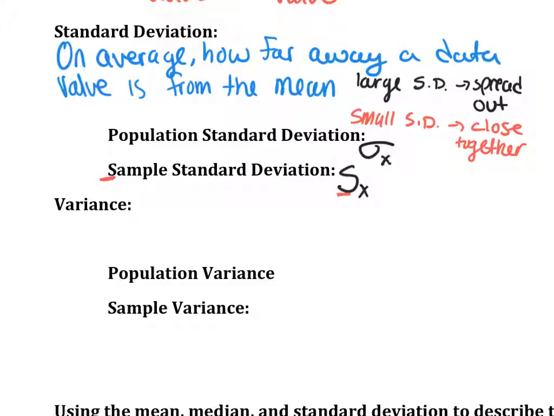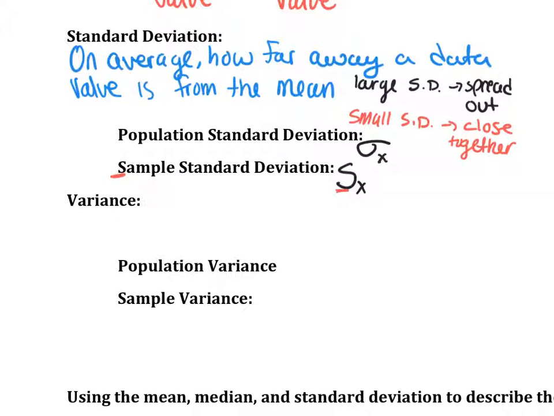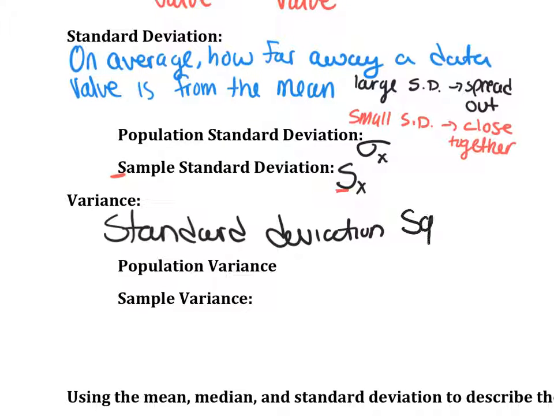Okay, and then variance is just another way, again, to look at how spread out your data is. The variance is just the standard deviation squared. So your calculator won't give you specifically the value of the variance, but it will give you the population standard deviation and the sample standard deviation, which means you can just square those values.